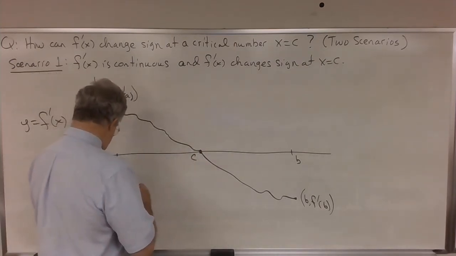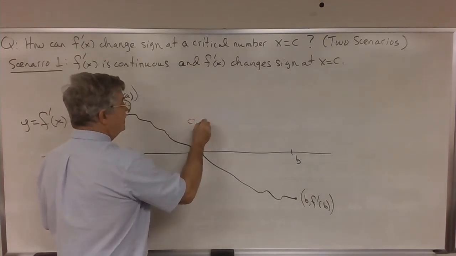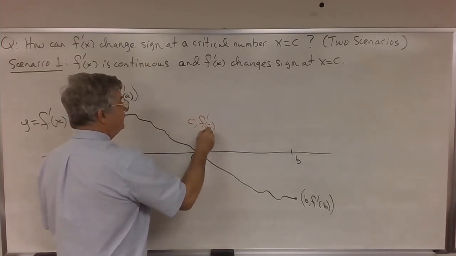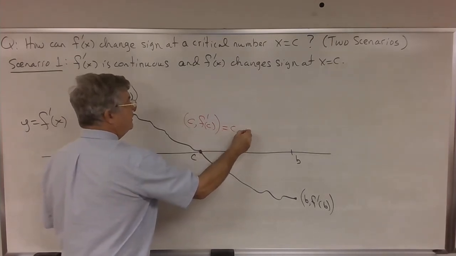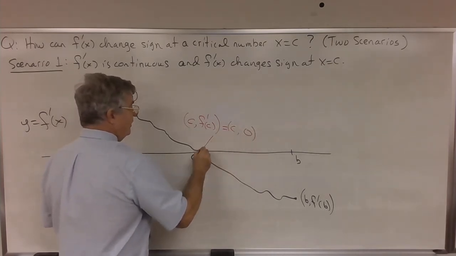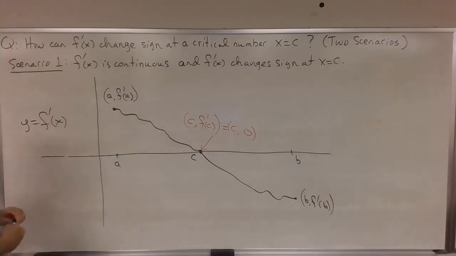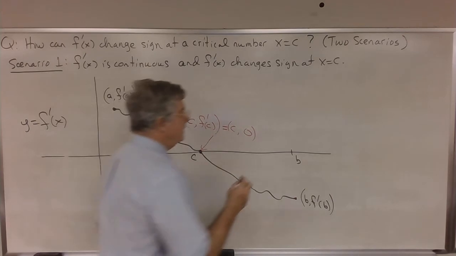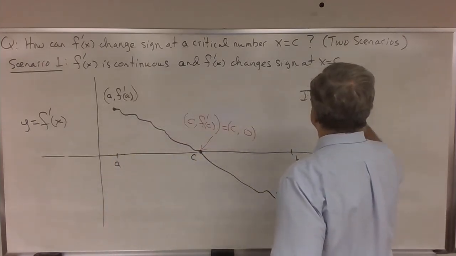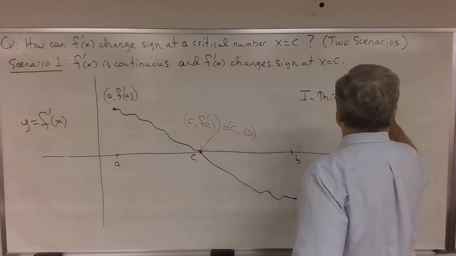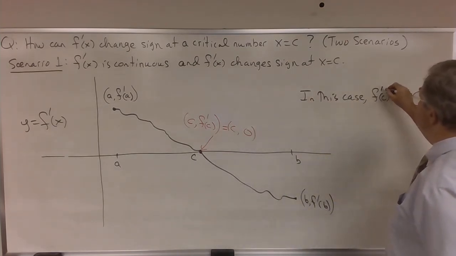So this is the point (c, f prime of c), but that's equal to (c, 0). So in this case, the derivative f prime of c has to equal 0.